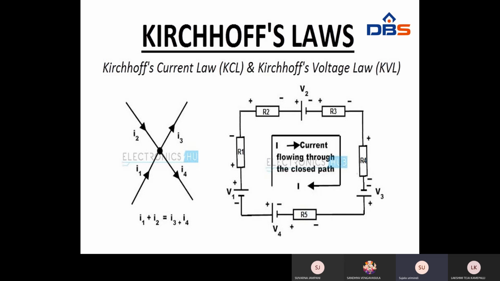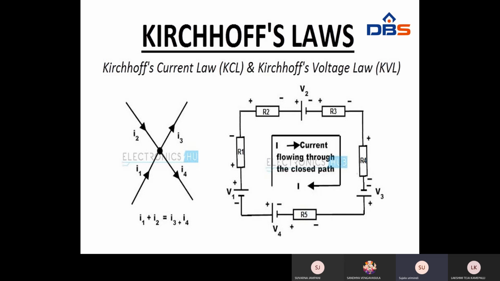For the resistor, the entering current is taken as positive and the leaving as negative. Same thing for R2, the current entering will be positive, leaving will be negative. Same thing for R3 and R4. For R5 there is a small change: this side is the plus and this side is the minus. So then you have assumed the polarities.